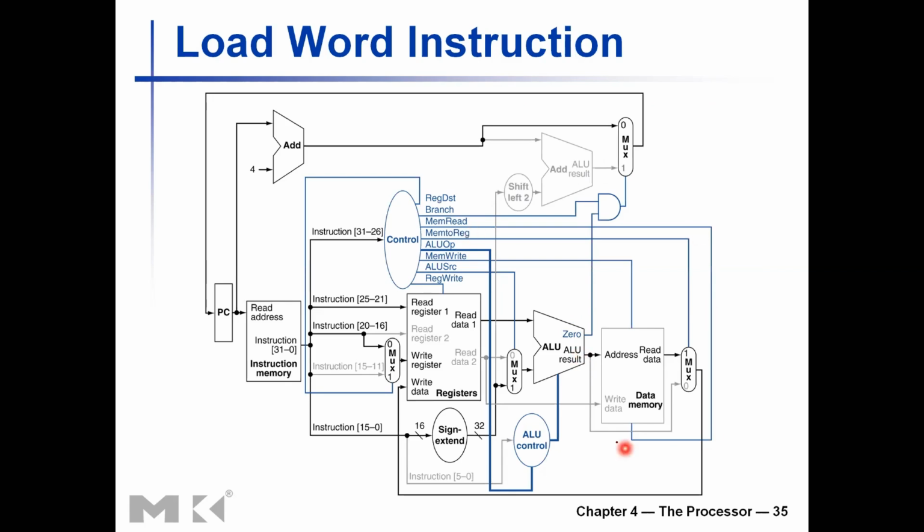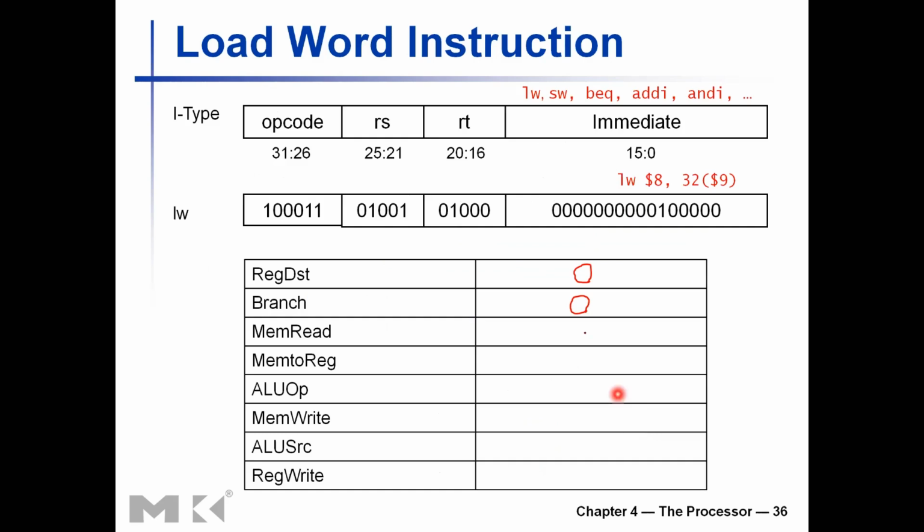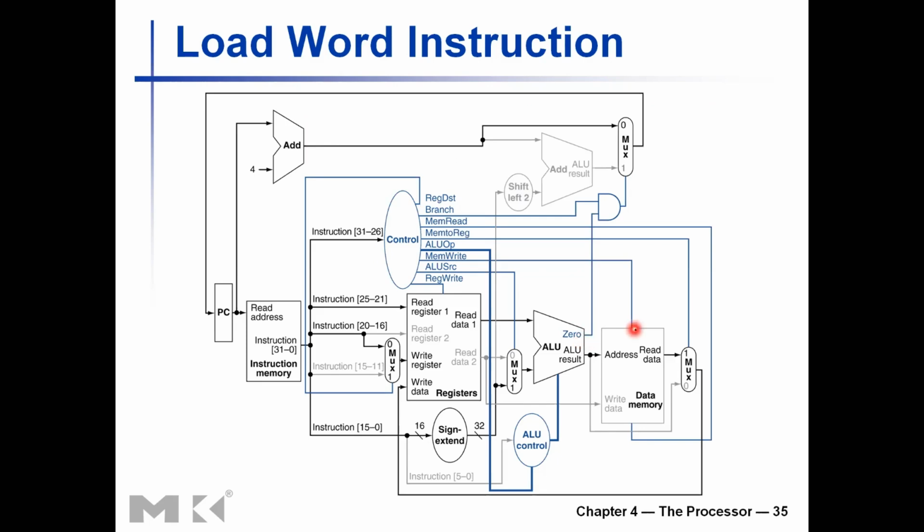control signal. It is 1. It is 1 because we are reading from the data memory this time, right? So we need to send a 1 here, read control. So mem read is 1, and on the same note, what is the value of the mem write signal?